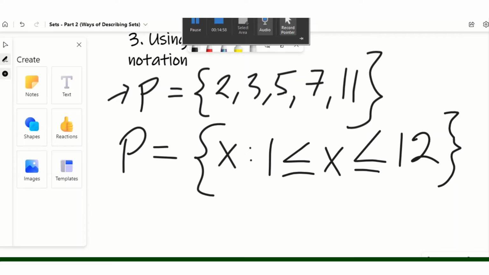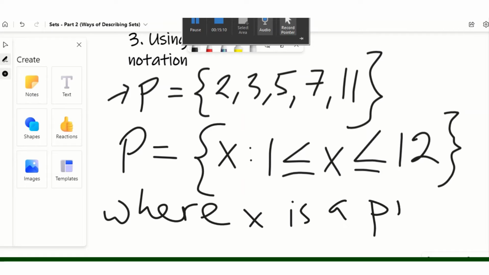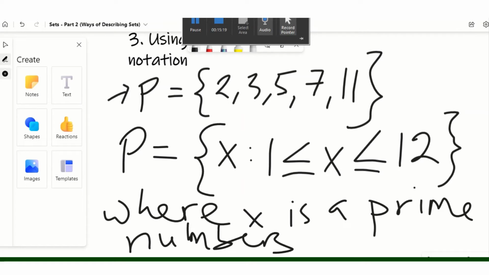Now, if you look at the set, x is a prime number. Basically we are saying that x, the numbers between 1 and 12, let me change the color to make it clearer.